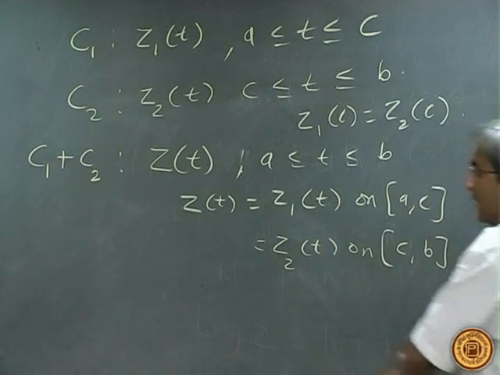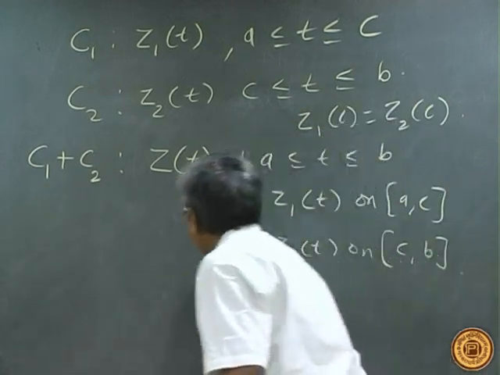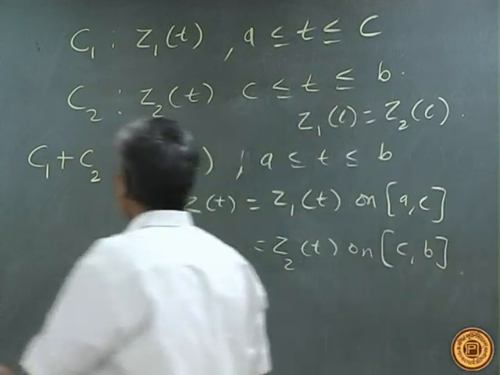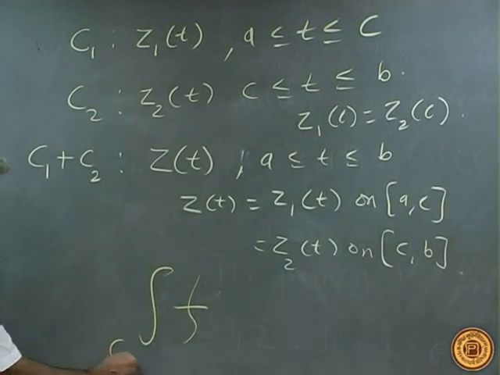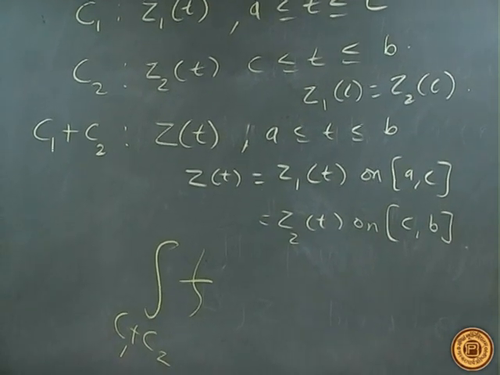Now once we have the addition of these two curves C1 plus C2, and if a function f is given, and on this curve we integrate f, what do we expect?